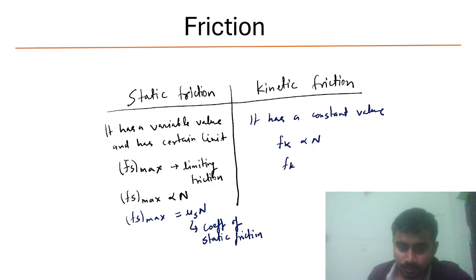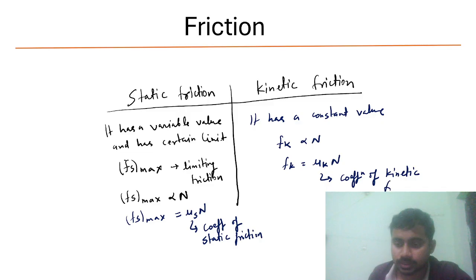Fk is equal to mu k into N, and this mu k is called the coefficient of kinetic friction.